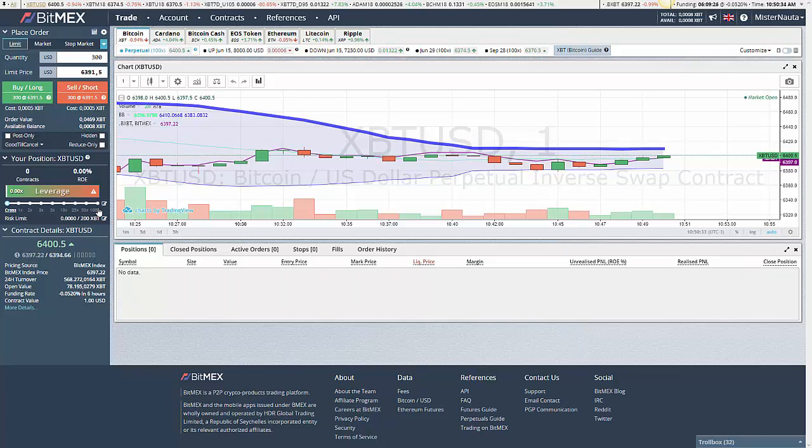So your risk is limited to the amount you put in your position, except in the cross option. If you choose cross, you are actually betting 100 times, but you are risking losing all your portfolio here, not only the amount you put in your position, okay?